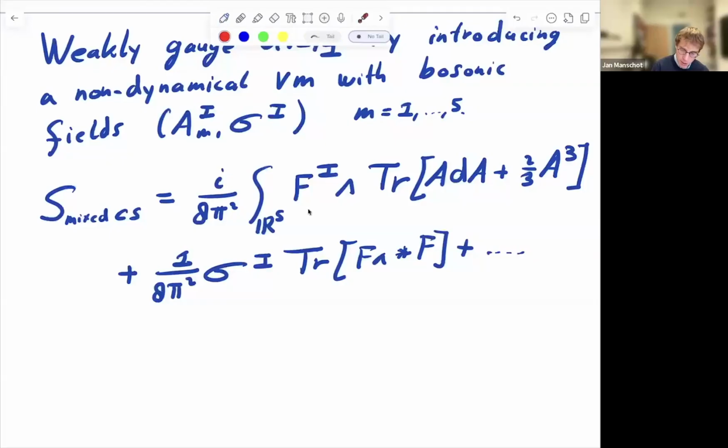An interesting aspect is that this is really the kinetic term for the SU(2) field strength. It's multiplied by the scalar, but we can choose the scalar of this global symmetry vector multiplet such that this is really the standard kinetic term in 5D.